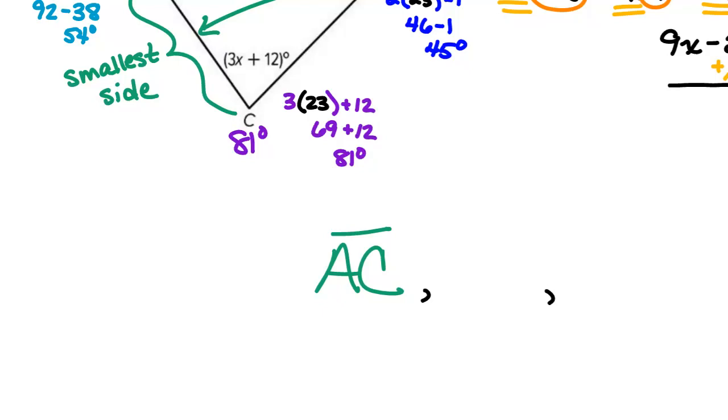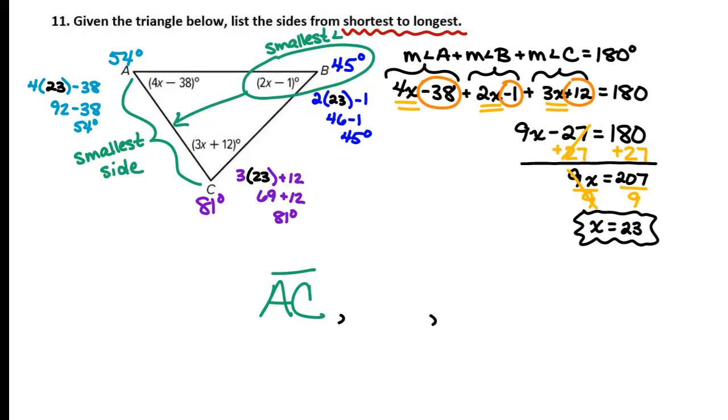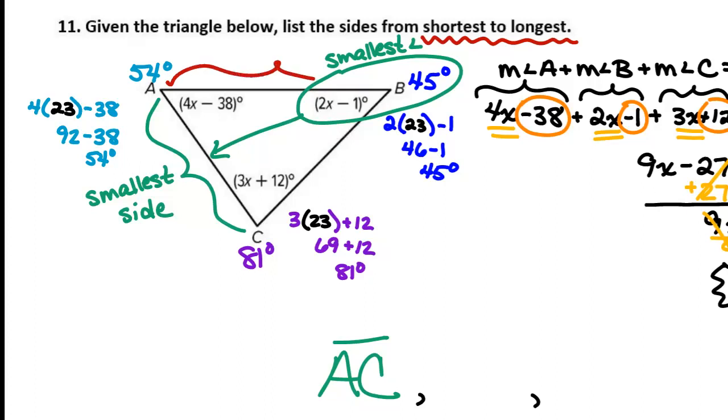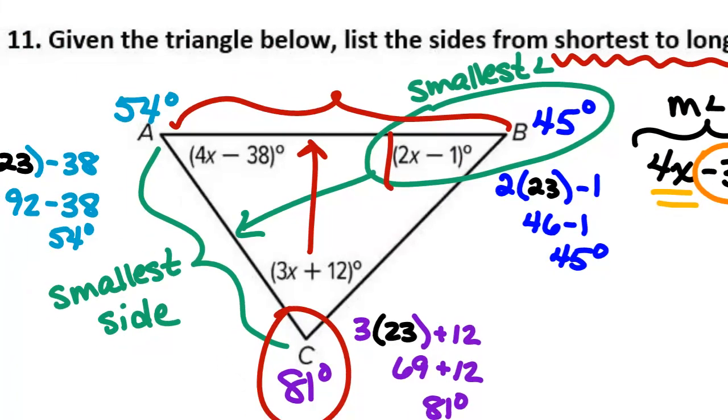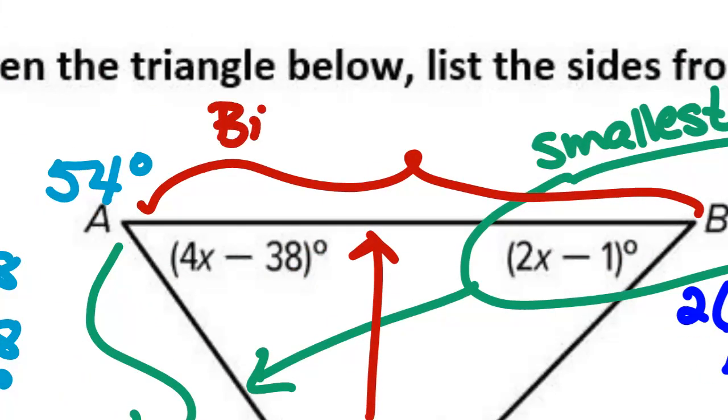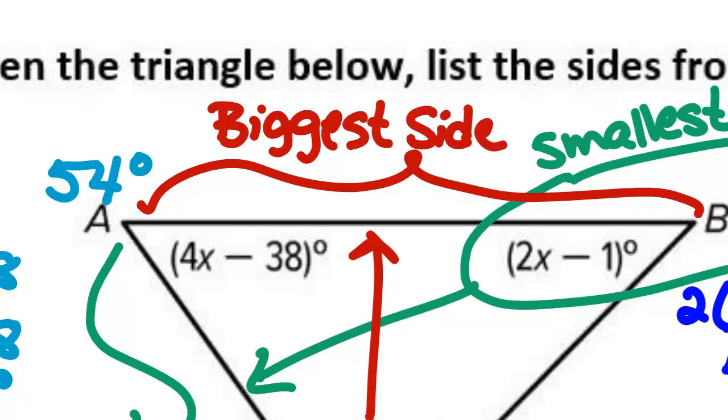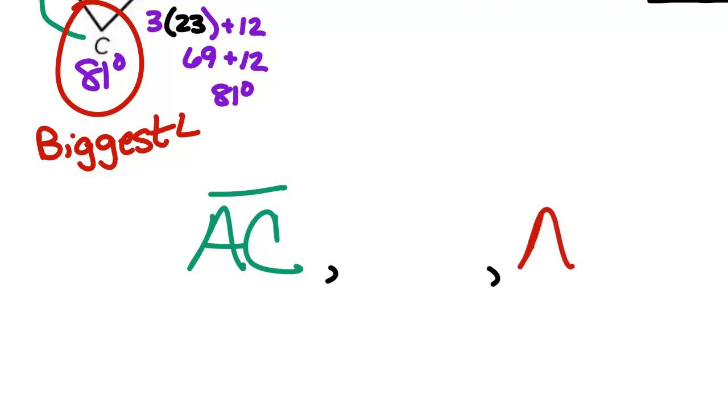Then I do the biggest. Where's the biggest side? AB. Here's my biggest angle, and directly across from that will be the biggest side. So AB ends my list. If AC is the smallest and AB is the biggest, which one goes in the middle? BC.